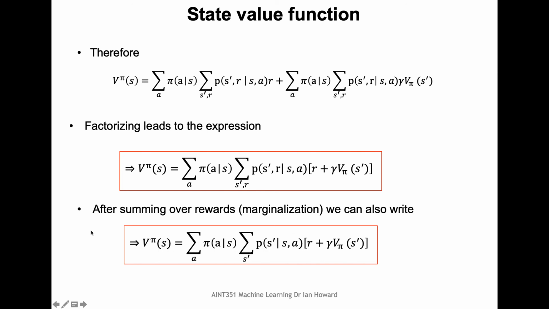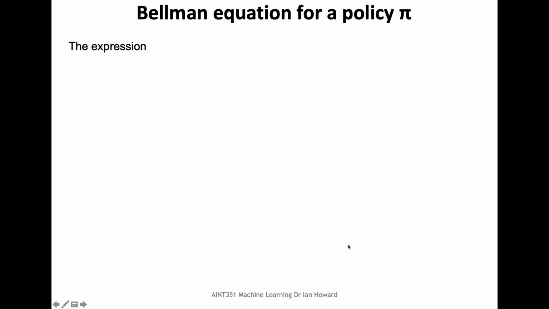So this is, if you like, the simplest form of the value function of state S. Again, it's in terms of a sum across all actions of the policy that we care about, and then the sum across all future states of the transition probability, and then this is the immediate reward, and this is the future predicted reward. And both of these are used.